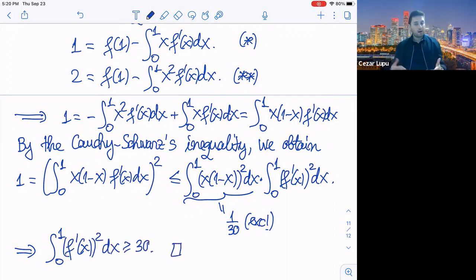You can also analyze the equality case. In fact, that would be very interesting because the equality case will hold true if f prime of x is some constant lambda times x times 1 minus x. And you can integrate, and then you'll find the 2 constants. Anyway, it's a little bit of a computation, but I'll leave this to you again as an exercise.